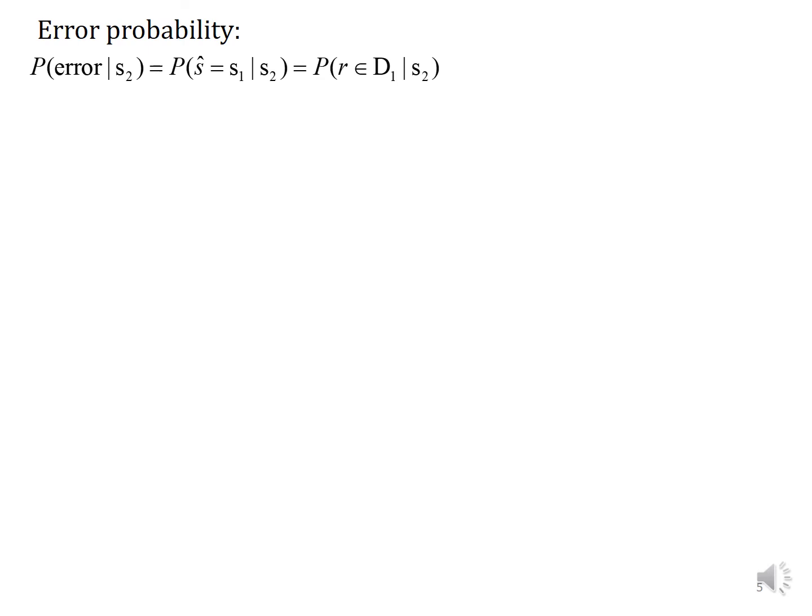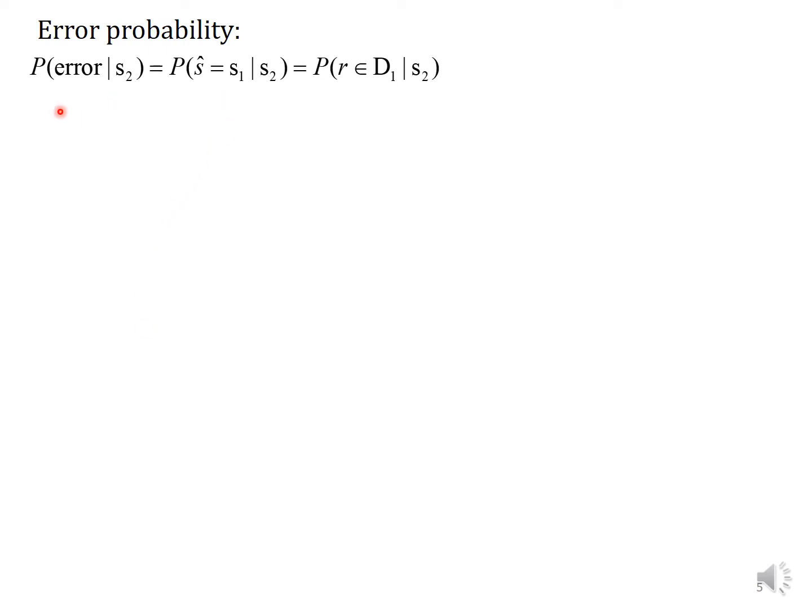So now that the MAP detector minimizes the error probability, we should ask what the error probability is that this detector has optimized. That would be a reasonable question to ask. You say this is the optimum detector, so what would be its error probability?